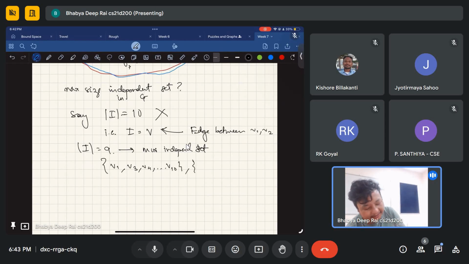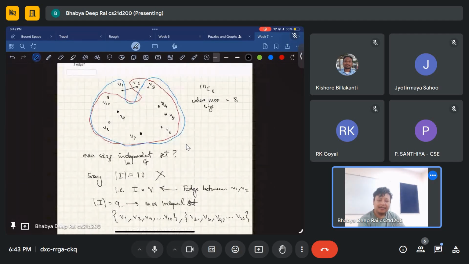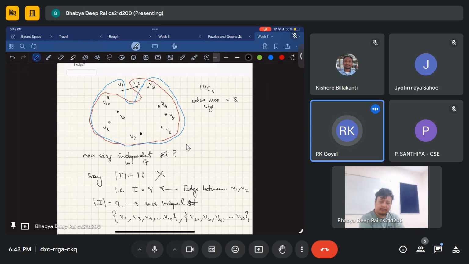Or another set is I choose V2, I choose V3, V4. This time I won't choose V1. Can I choose any more of size 9? Any other independent set of size 9? No, I cannot. There will be only two.